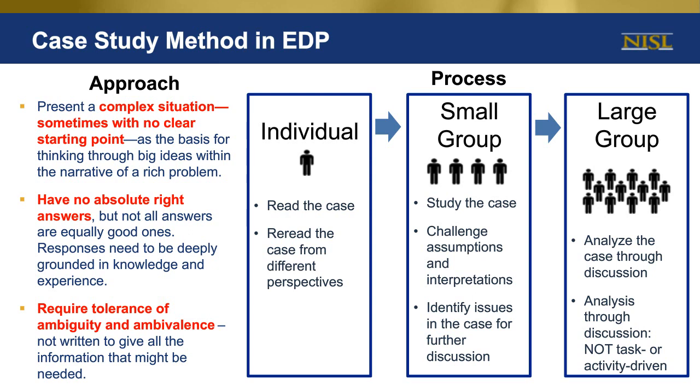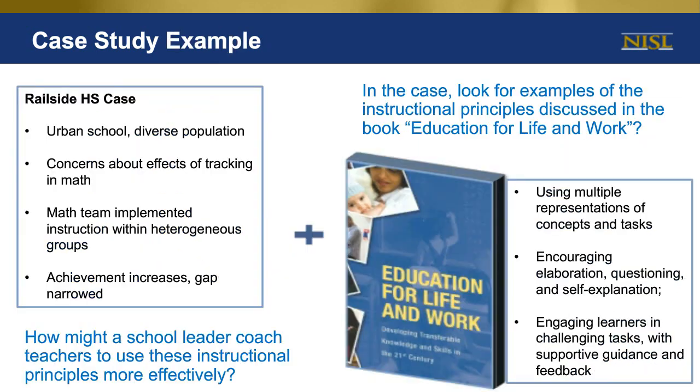One of the examples of a case study, and we have cases that we look at in just about each of the 12 units, but one of them is Railside High School. Railside High School is a case that focuses on a high school math department, and we ask them to analyze that case through the lens of one of the resources that we use, and that's pictured on the right-hand side, the Education for Life and Work resource from the National Research Council.